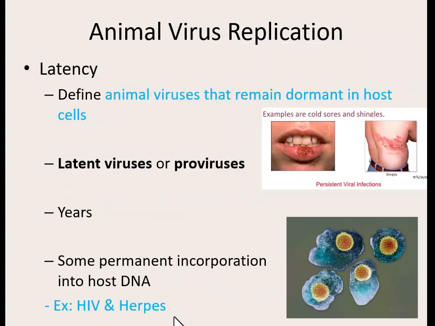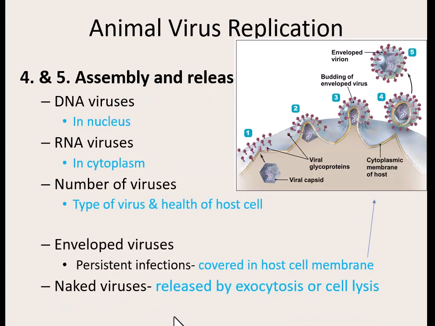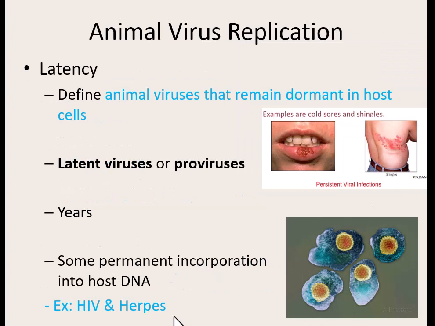Now, because some viruses are persistent, they don't kill the cell, and because some viruses can go dormant, they can just stay inside of our host cell, and our host cell, although it's infected, isn't actually doing anything about it. There are viruses that can go dormant.